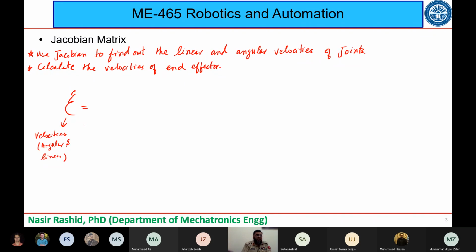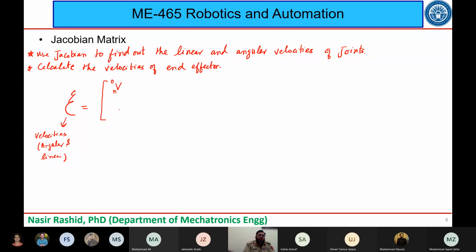So if I write down chi as a vector, it is going to have two components. One is the linear velocity of a joint n, which can be an end effector, with respect to the zero frame or the base frame.